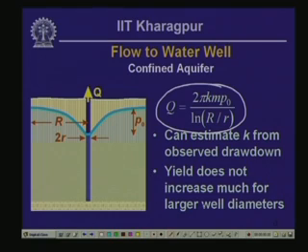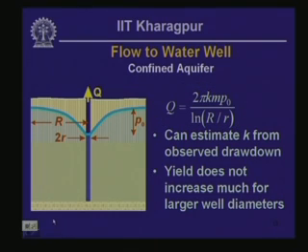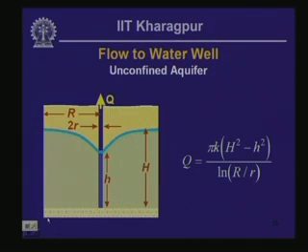Now we have defined all the terms required here. Now we can move on to the case of flow into a water well installed within an unconfined aquifer. So here we are going to have a very similar situation compared to the previous one.